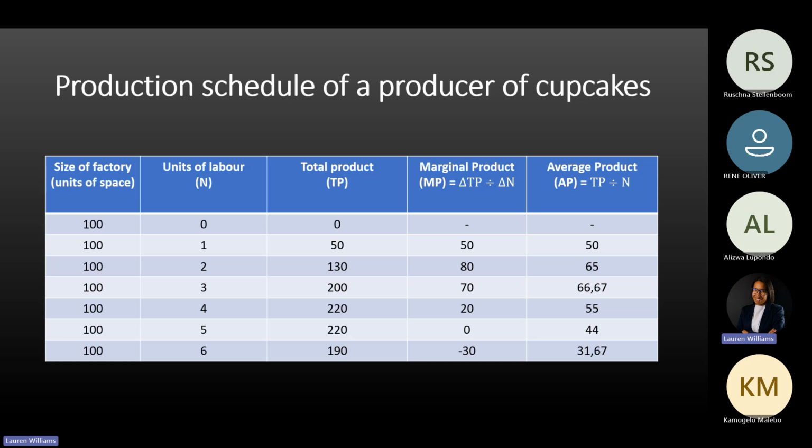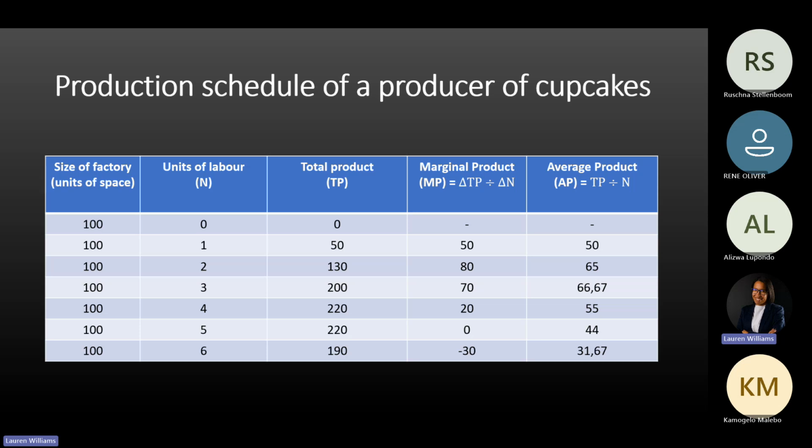But the change in your total product, the production, is what we're looking at. If you're moving from 0 laborers to 1 laborer, the difference in our total product is 50. If we move from 1 to 2, it's 130 minus the 50, giving us 80.